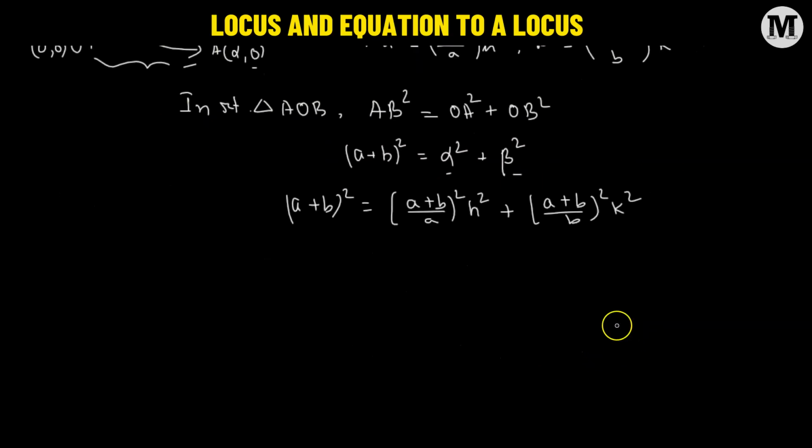Fine. Now we have a plus b whole squared as the common factor, and we can factor that out. So 1 will be equal to h squared over a squared plus k squared over b squared.